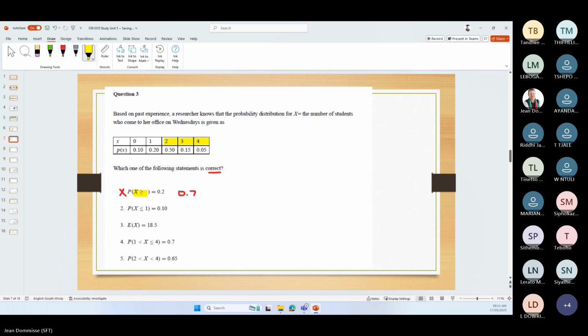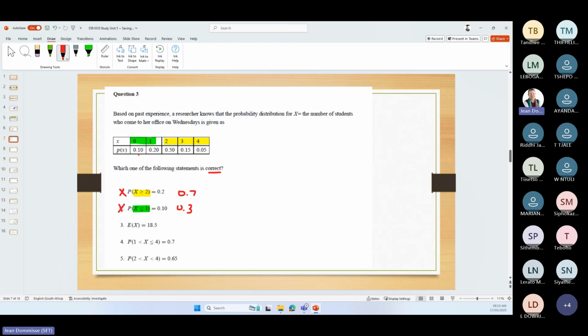Then the second one, they ask us smaller or equal to 1. Smaller or equal to 1, it includes 1. So that's 0.1 plus 0.2 gives us 0.3, which is also incorrect.